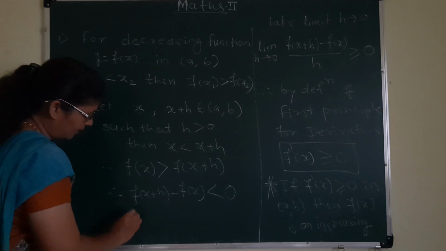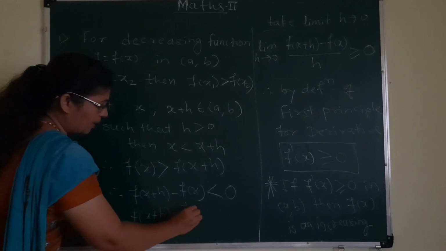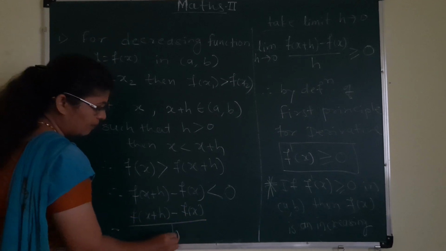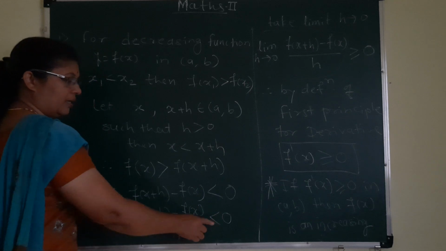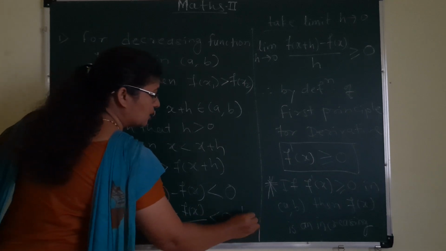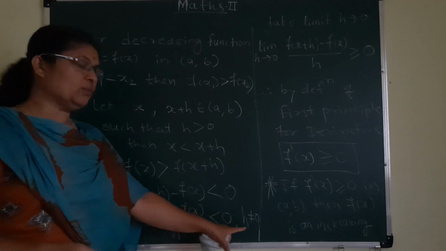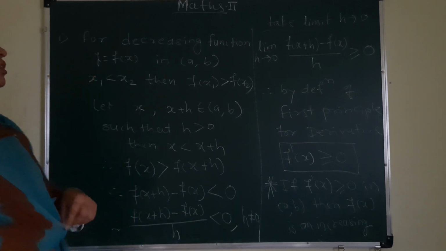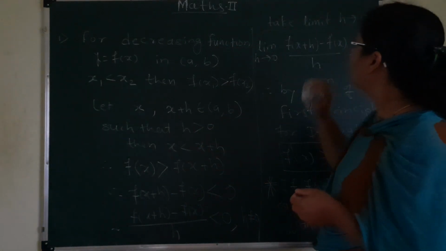So what will happen after dividing by h on both sides? f of x plus h minus f of x divided by h is less than 0 divided by h, which will be again 0, and I can do this because my h is not equal to 0. So go ahead, again take the limit as h tends to 0 on both sides.